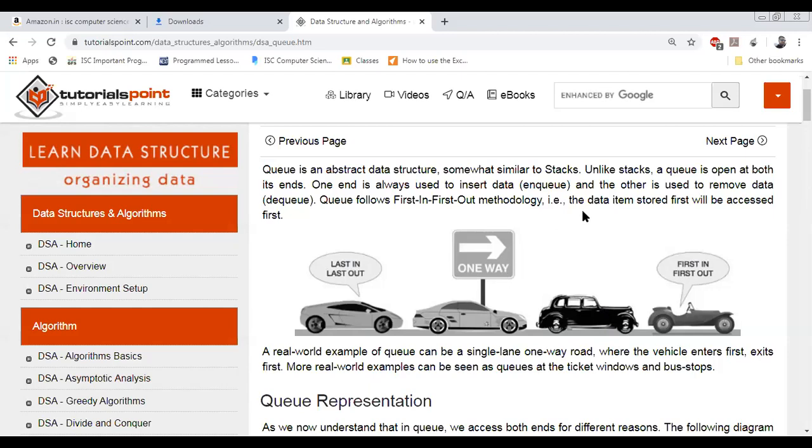So that is why it is said that a queue is open at both ends. From the back end, suppose the arrangement of the cars is something like that. First, we will consider two types of case study. In the first case study, the arrangement of the data is from right to left.